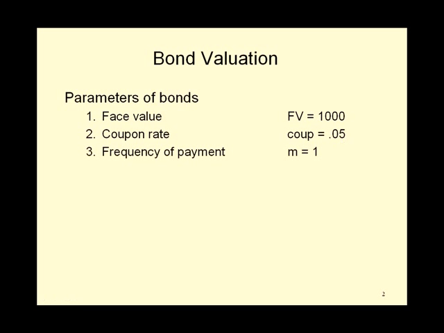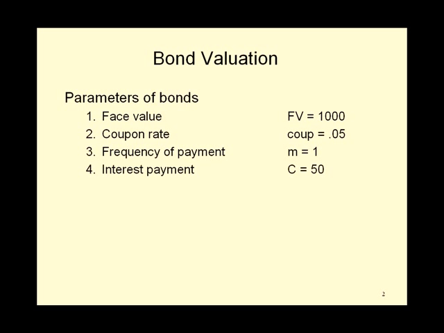The third parameter is the frequency of payment of interest. To use the symbol that we had in the last session, frequency of payment is going to be designated by M. And in the example that we're going to go through, we have annual payment of interest so that M is equal to 1.